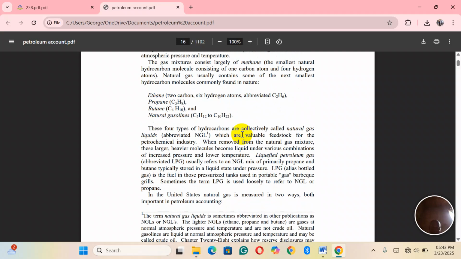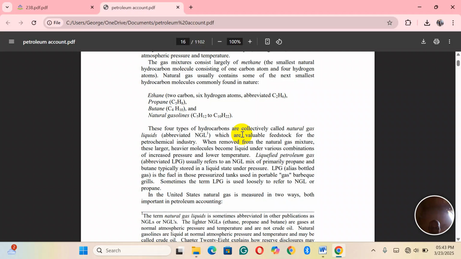These four types of hydrocarbon are collectively called natural gas liquids, abbreviated NGL, which are also feedstock for the petrochemical industry.